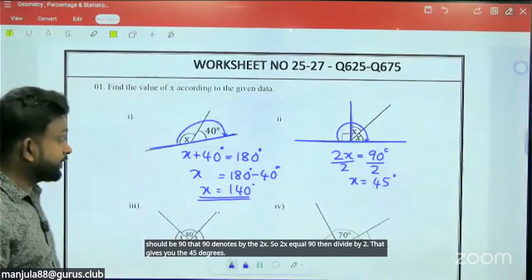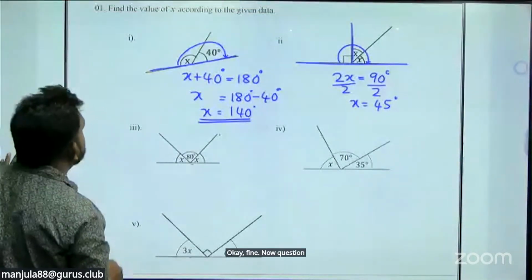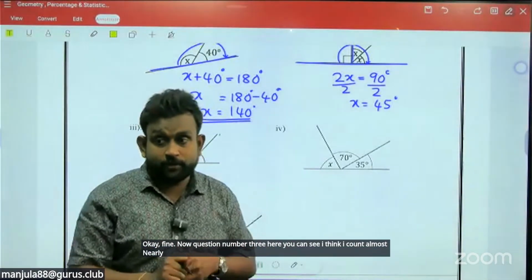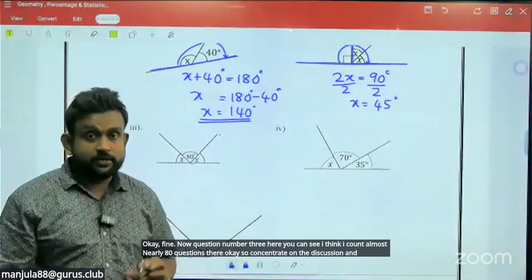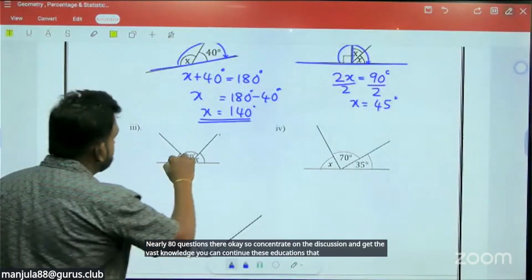Fine. Now question number 3. I count nearly 80 questions here, so concentrate on the discussion and get vast knowledge. If you continue these 80 questions, it may have a big impact on geometry.